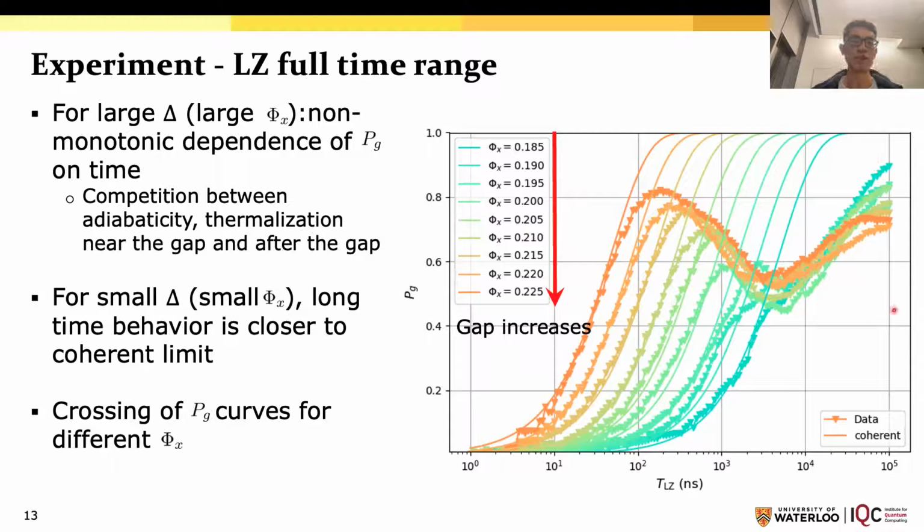And in particular, at long times, the final ground state probability for the smaller gap data is higher than the final ground state probability for a larger gap.